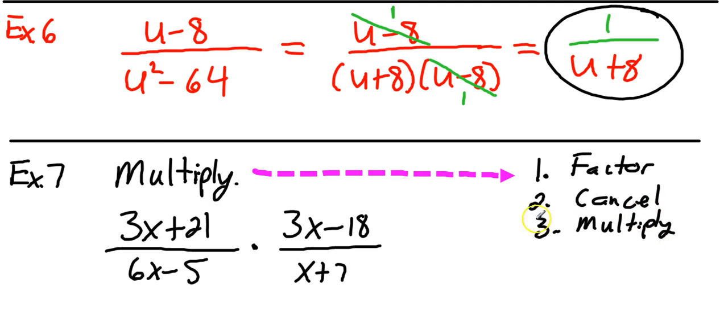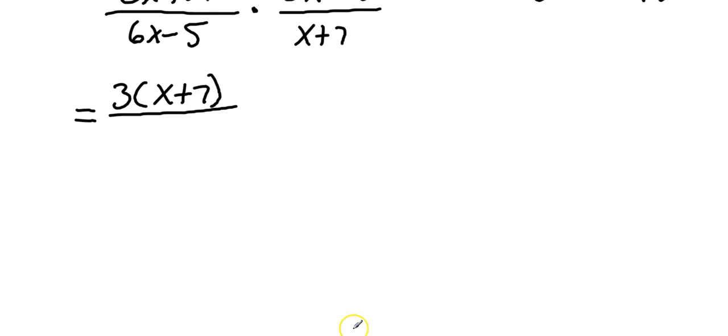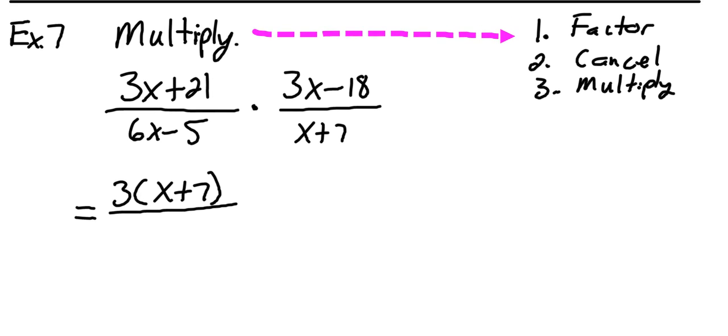Okay, so when I give you the directions here on these problems, even though it says multiply, you really, again, before you do that, you factor as much as you can, then you cancel everything that's left over. That's when you go back and multiply it all together. So if we factor 3x plus 21, you can divide them both by 3 and make it x plus 7. You've got 6x minus 5 on the bottom.